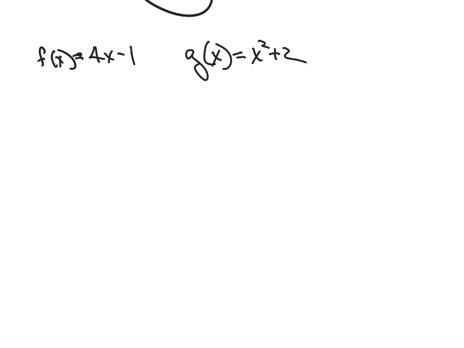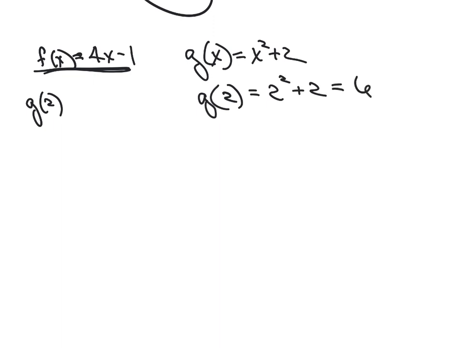Sometimes we're given two different functions, and we're supposed to be looking at both of those functions. So sometimes we'll say, okay, what is g of 2? Well, up here, we have an f. We don't have a g. So we ignore this one, and we go to this one, because g of 2 is equal to 2 squared plus 2, which is going to be 6.